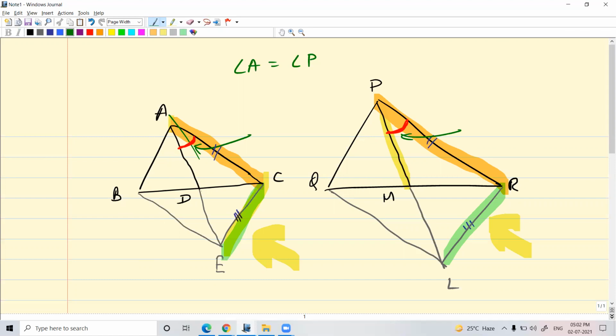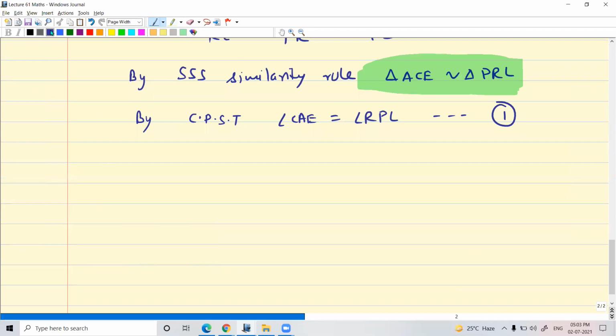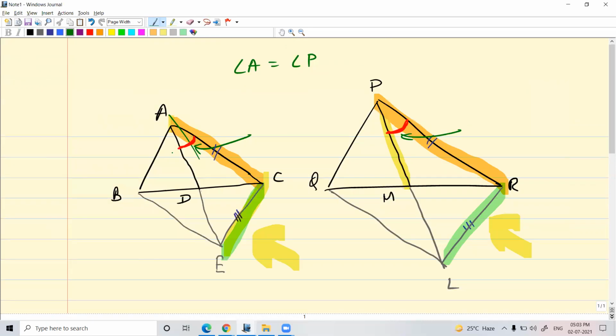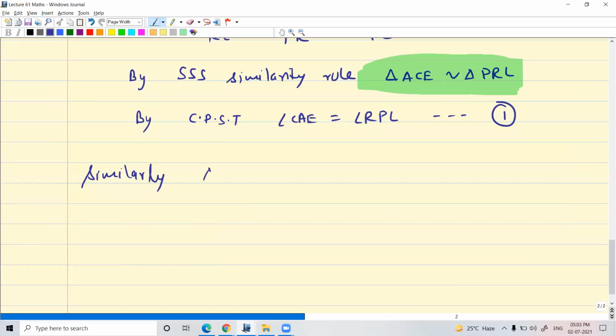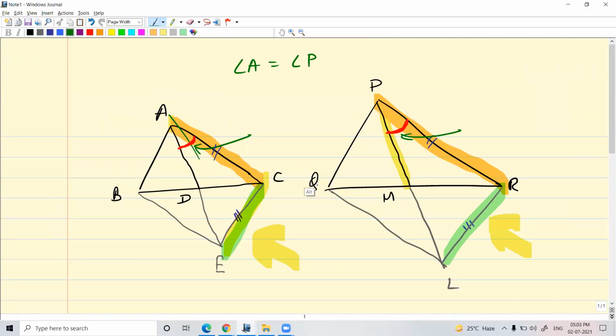No need to prove that again, just write similarly, that's all. Similarly, triangle ABE will be similar to triangle PQL.